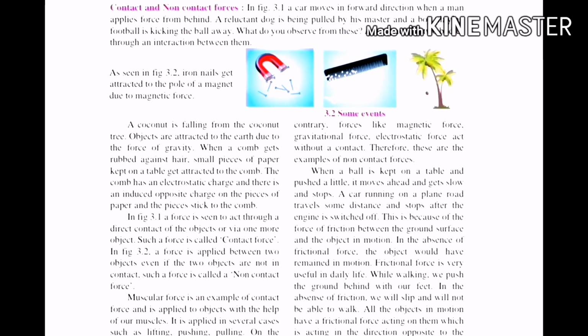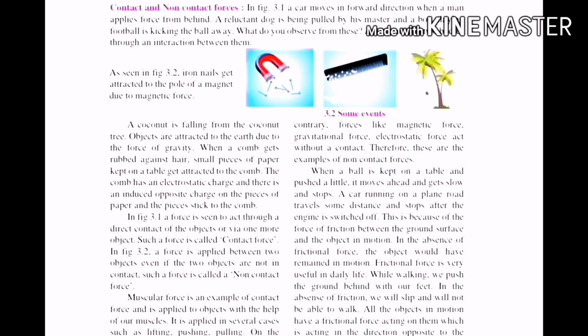Now there is one more type of force we are going to study. This is a type of contact force, that is frictional force. What do you know about frictional force? When two objects are rubbed on each other, it tries to reduce the speed of the object, and that is called frictional force.